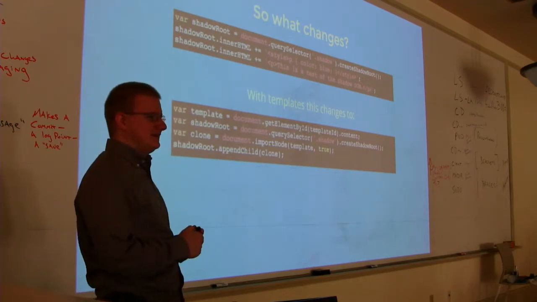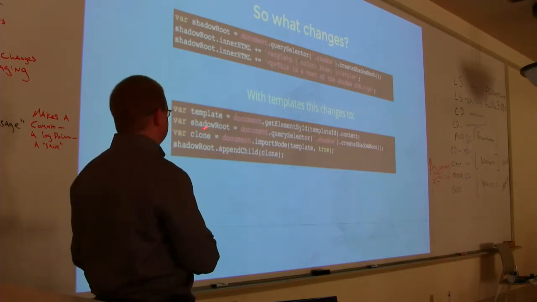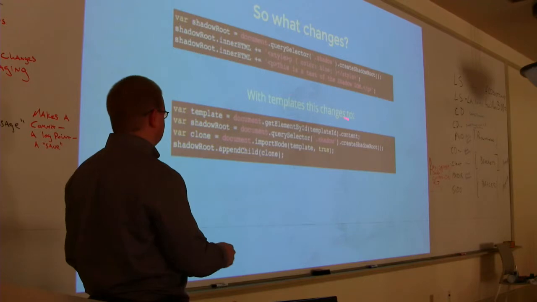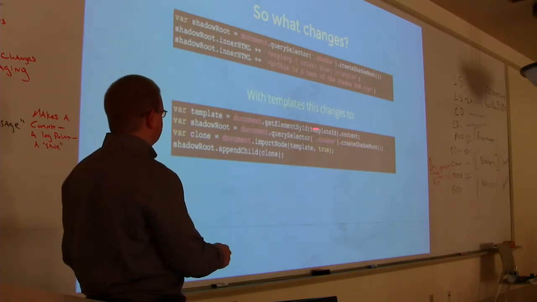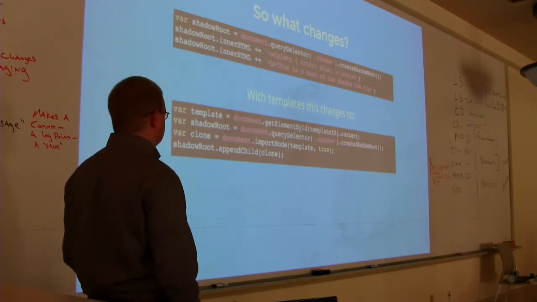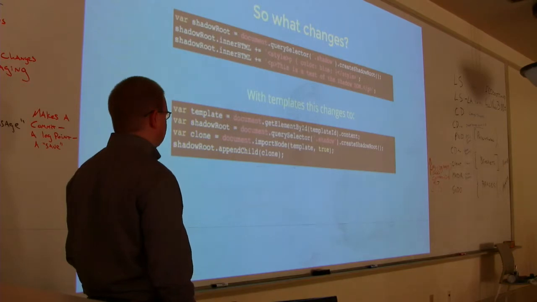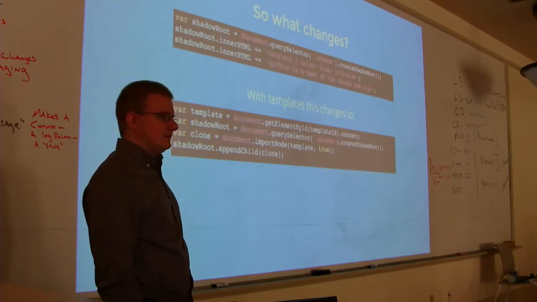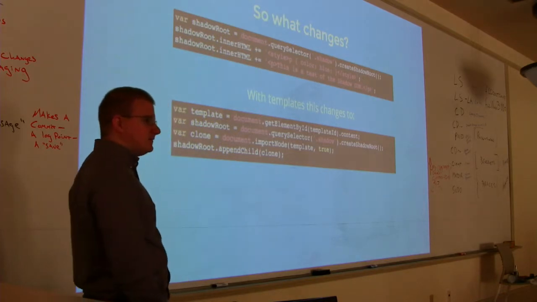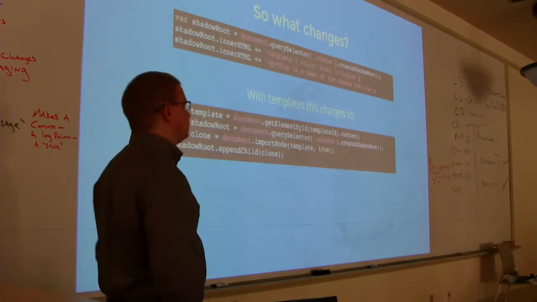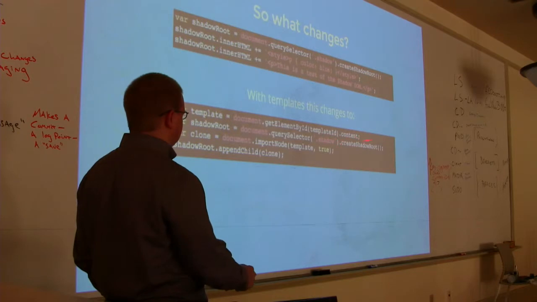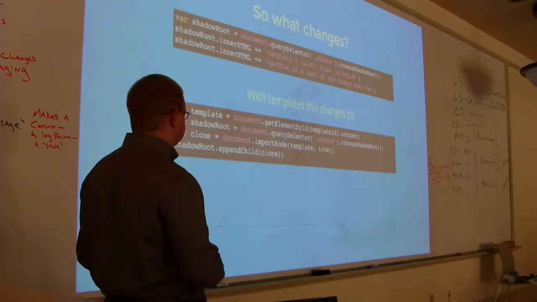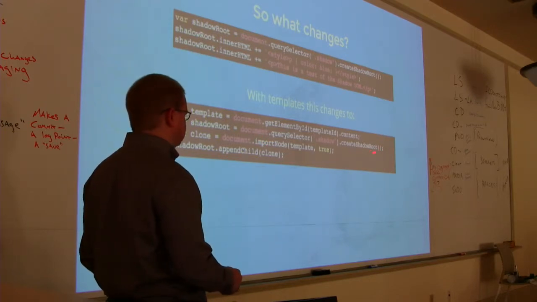All right, first we're creating the variable template, which is going to be the content of the template ID. It's whatever is within the tags of the template, not the template itself, but just the stuff between, the nodes. Content gets the nodes. Then we create a shadow root, which we're very familiar with already.